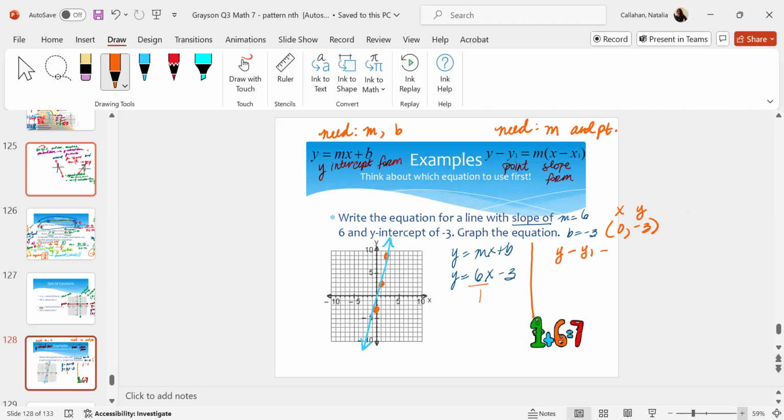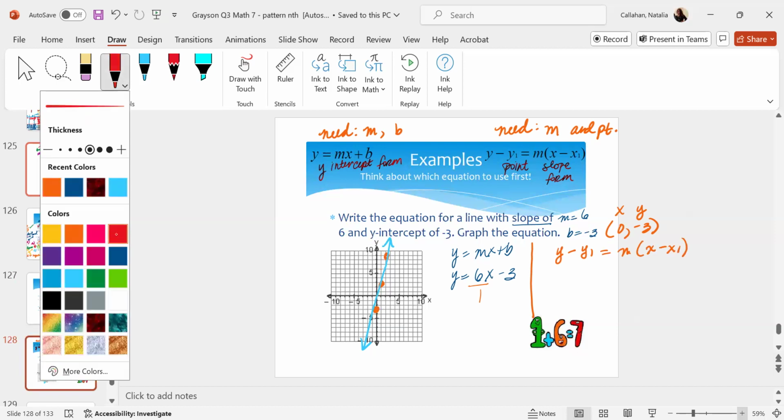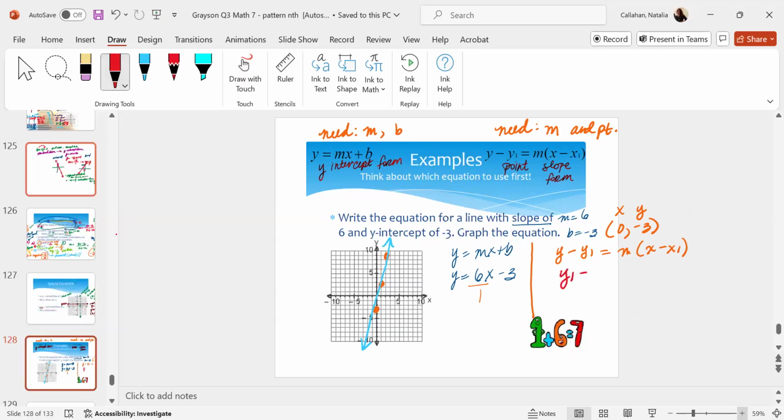So let's use this formula. y minus y1 equals m times x minus x1, right? So let's plug it in. You're given m and this point, right? So y minus the first one that I have here is -3, equals 6 times x minus 0. So go ahead and do that.